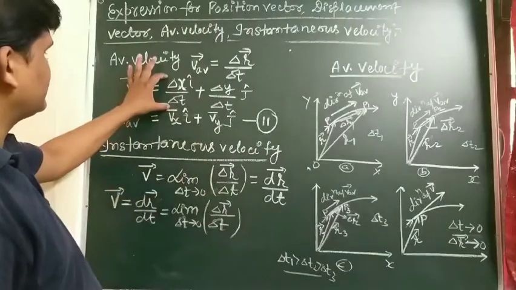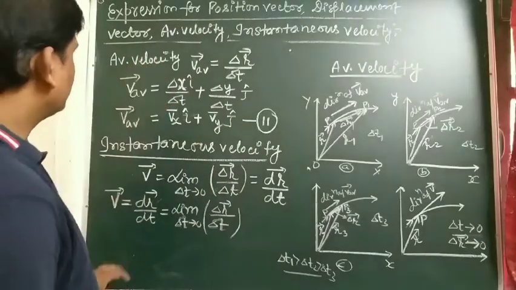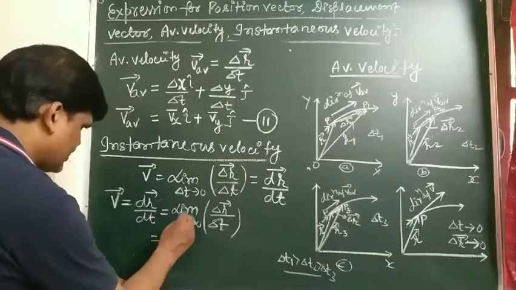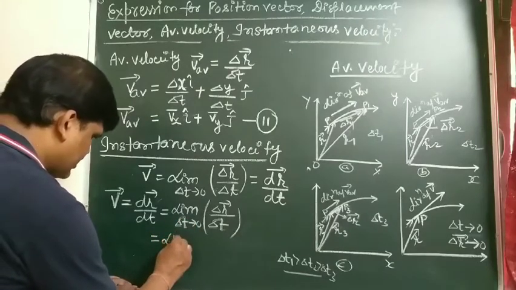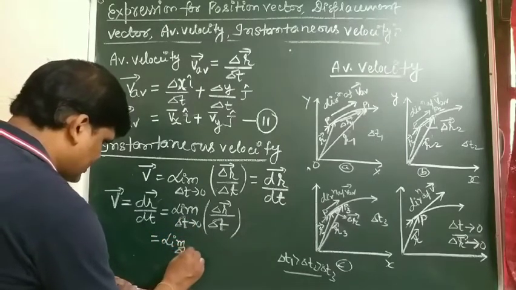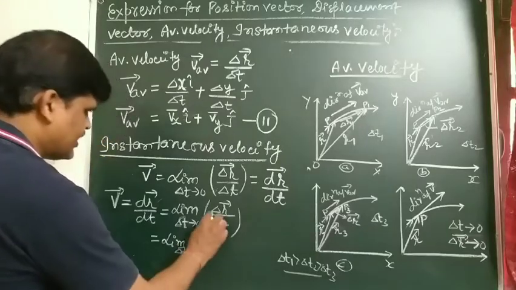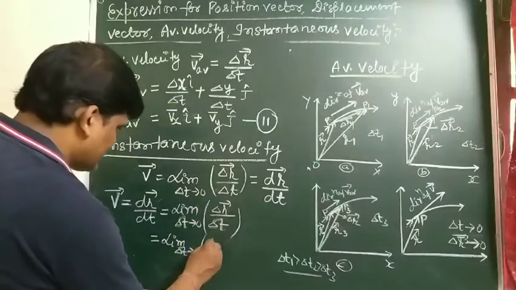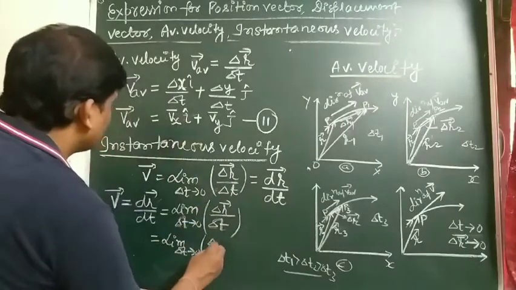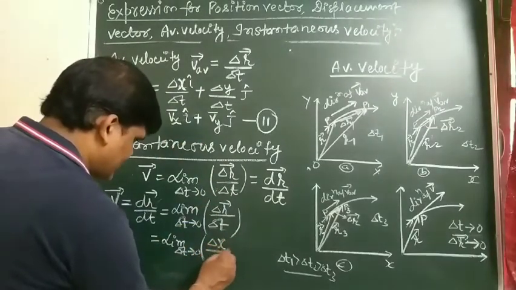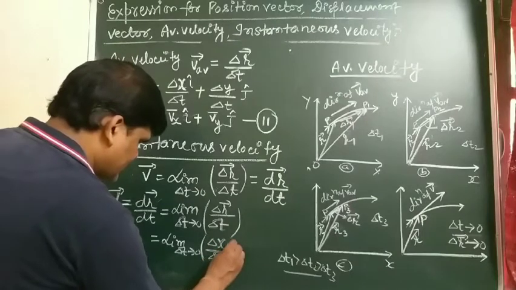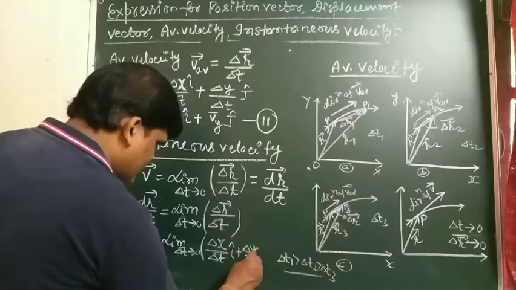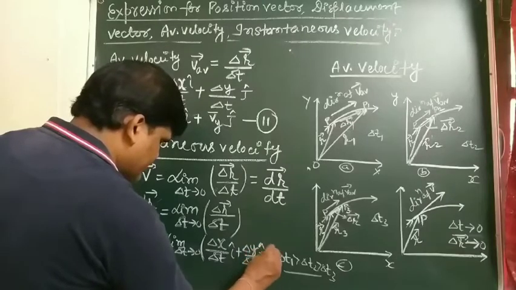And delta r by delta t is written in this manner. So we can write limit delta t tends to 0, and delta r by delta t is delta x by delta t i cap plus delta y by delta t j cap.